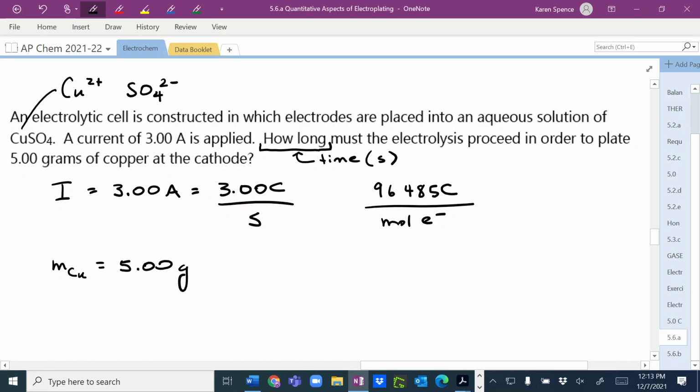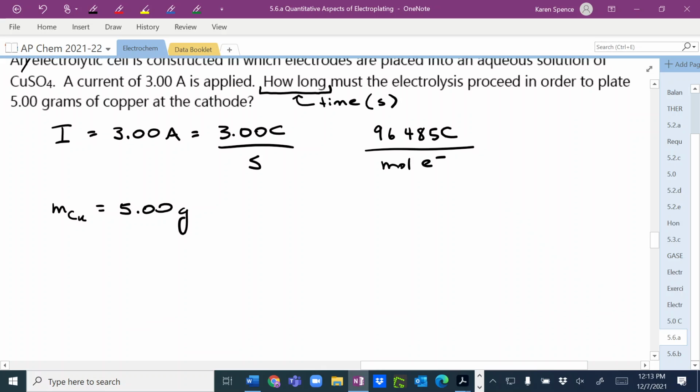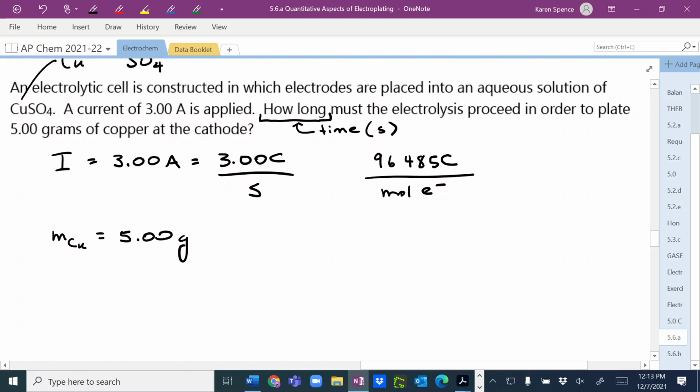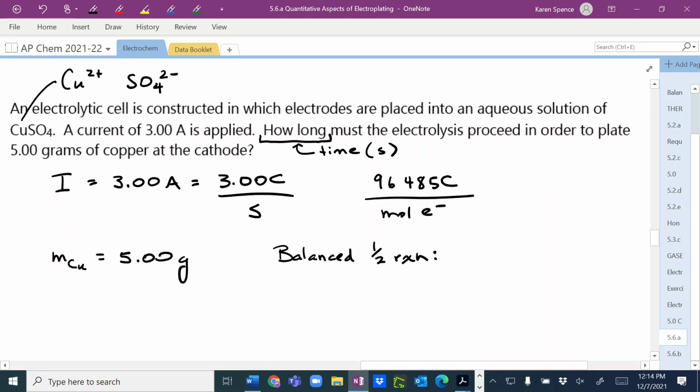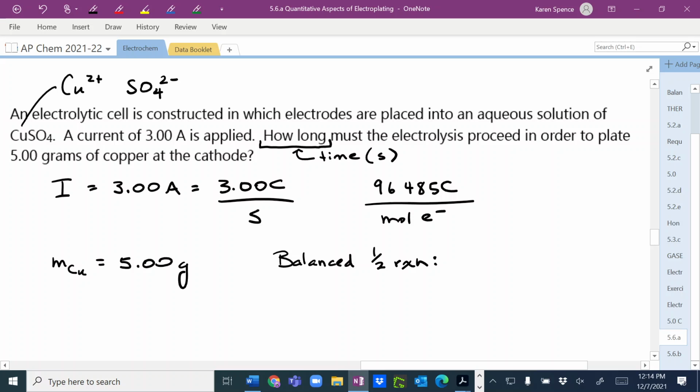So, what else do I need in order to complete this question? I need the balanced half reaction. Who are the species going to be in my half reaction? Tell your partner. Who are they? Copper 2 plus and copper solid. Yes?